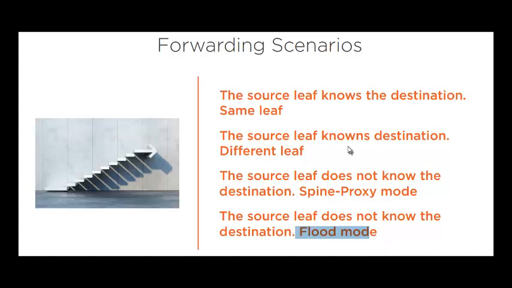This flood mode may be beneficial when you have the virtual distributed switch, VDS, in VMware. Sometimes there may be some MAC address which was not really actively sending any traffic, so leaf did not learn.